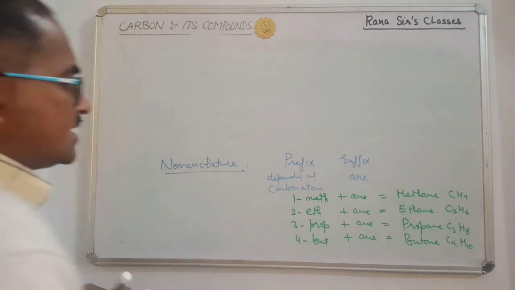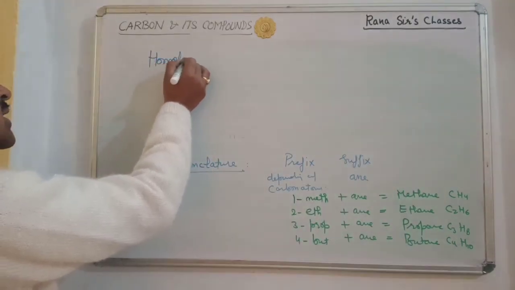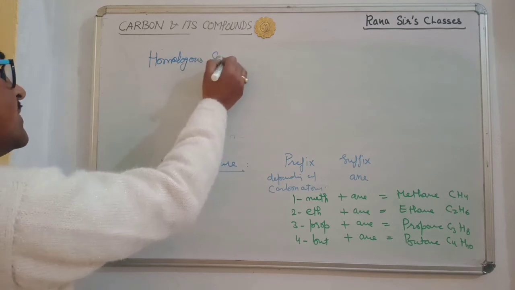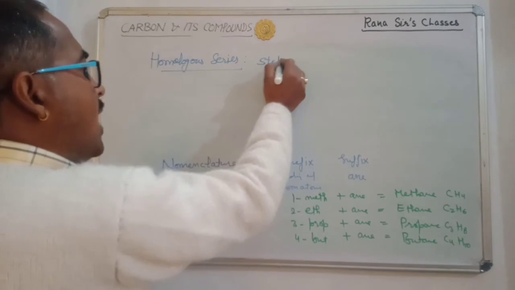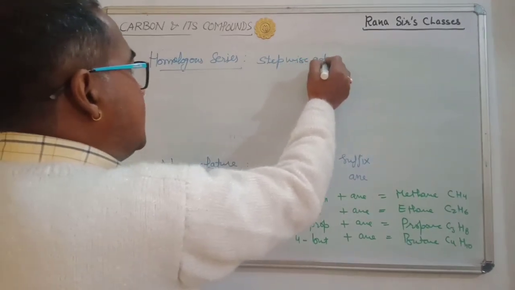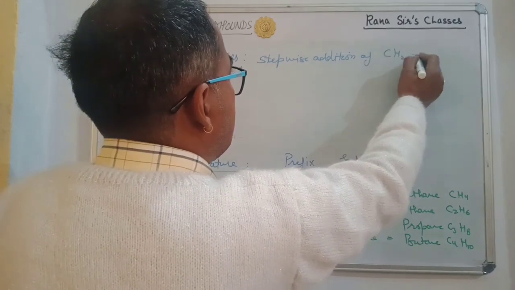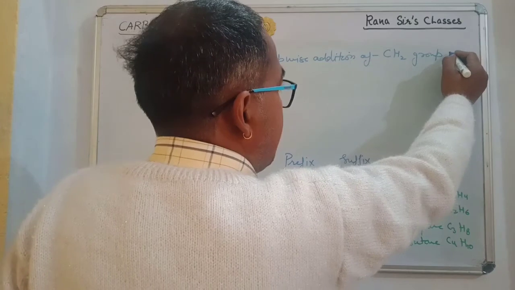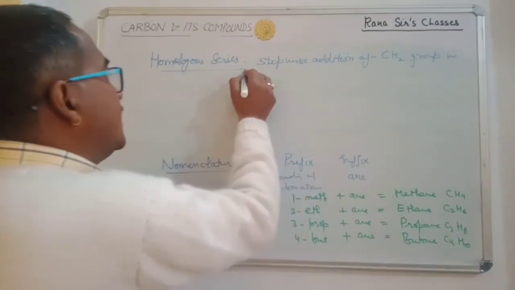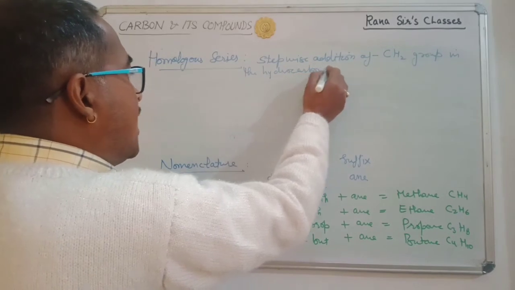So what is their special thing? Special is the homologous series. This is the stepwise addition of CH2 group in the hydrocarbons. How?